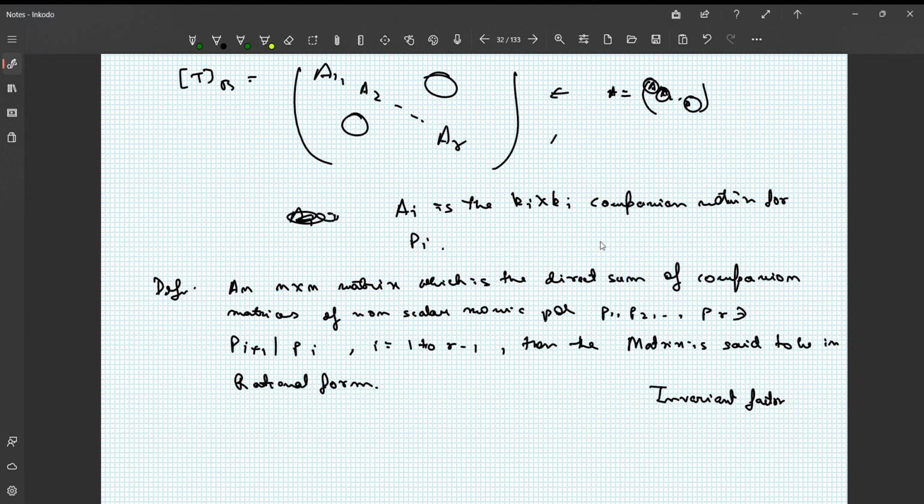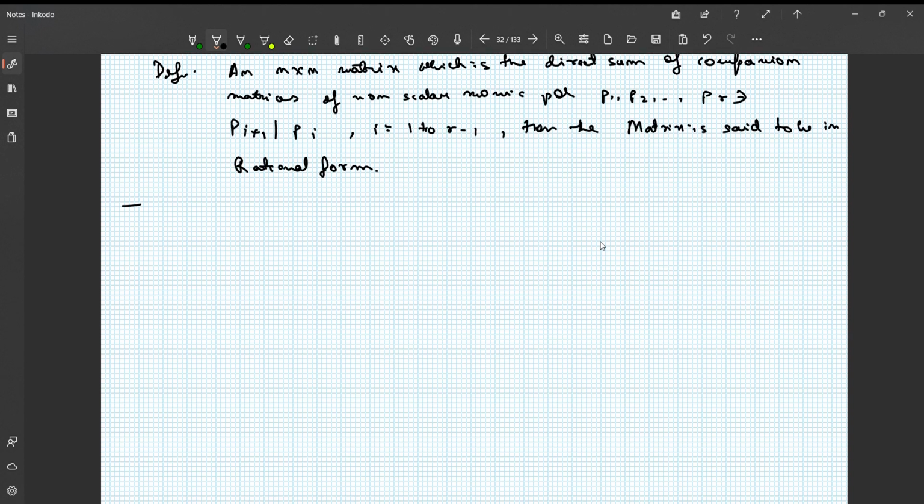Or let us first give a theorem, then we will precisely understand why we use the term invariant. There is a theorem. I won't prove this because it is very easy to prove from the uniqueness of the cyclic decomposition theorem.